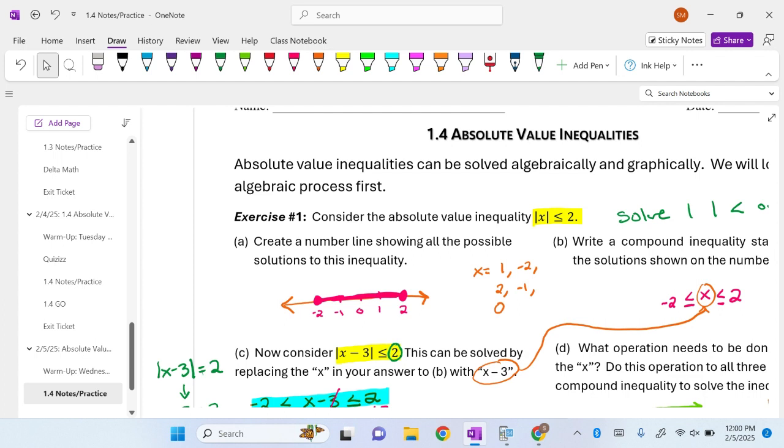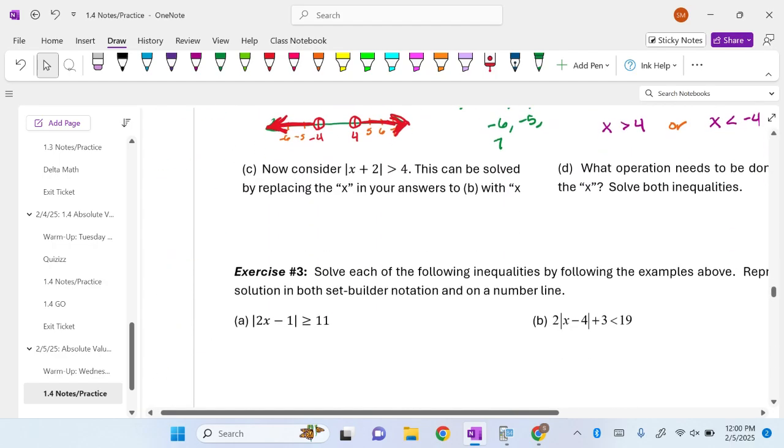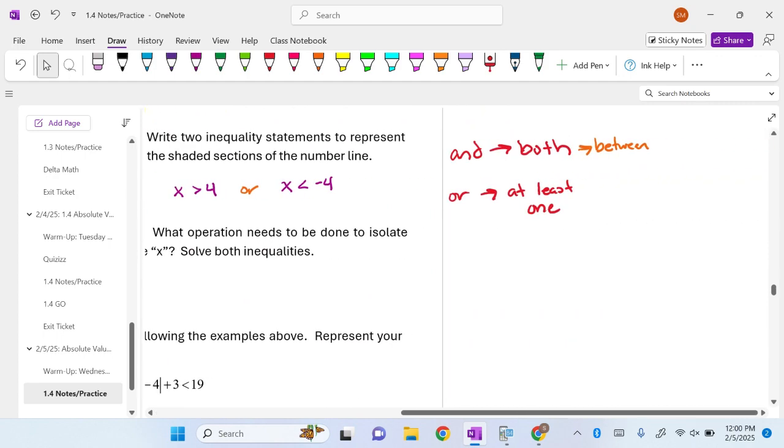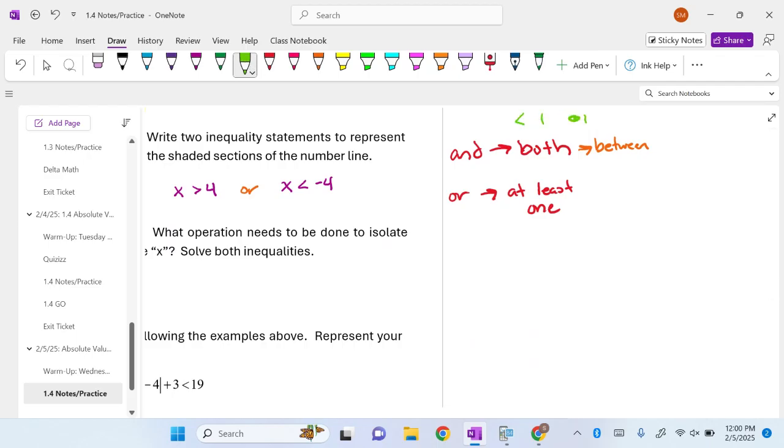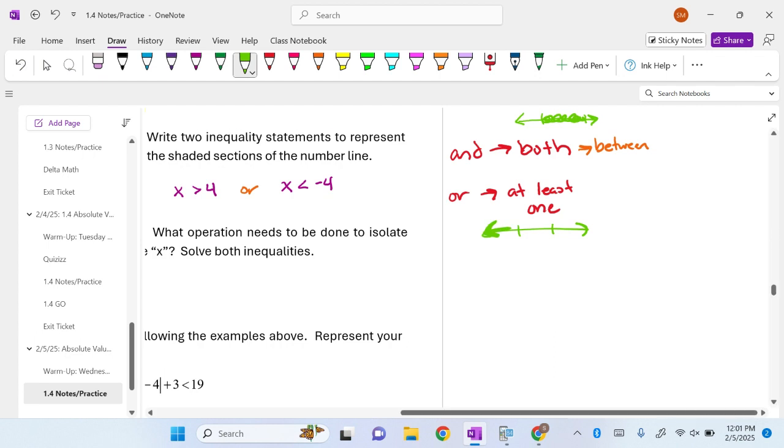Or in other words, is that in both shadings or just one of them? It's in both. So that would be an example of an and. You can also write this by the ands and ors. An and graph means that you're shading between two numbers, whereas an OR graph means that you're shading in the opposite direction of the numbers.